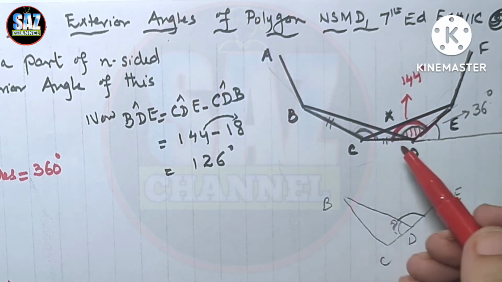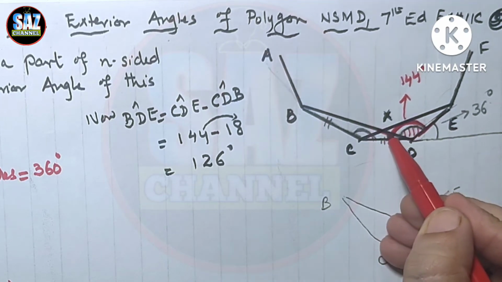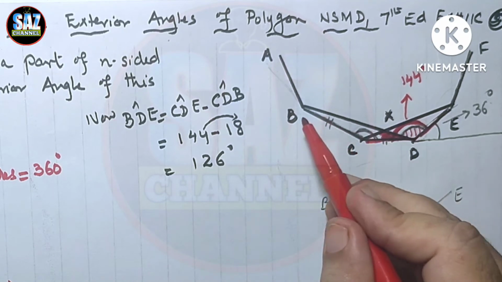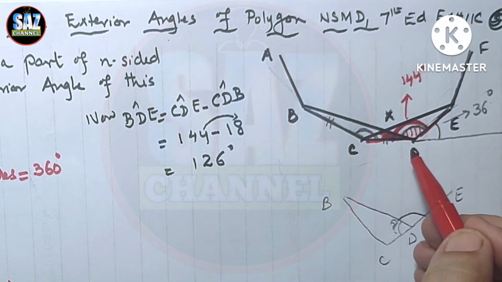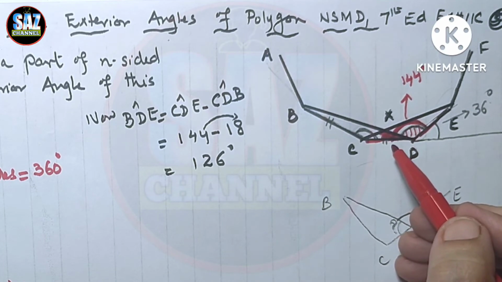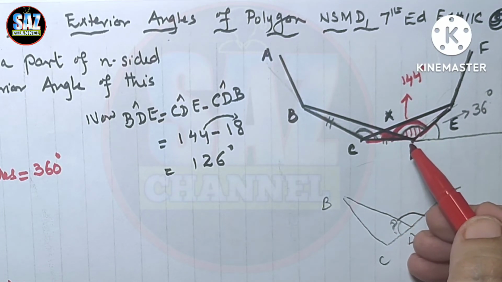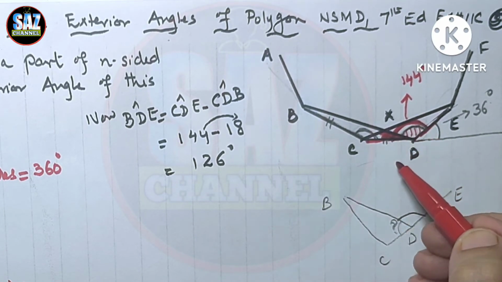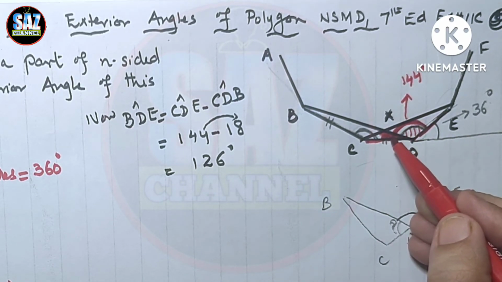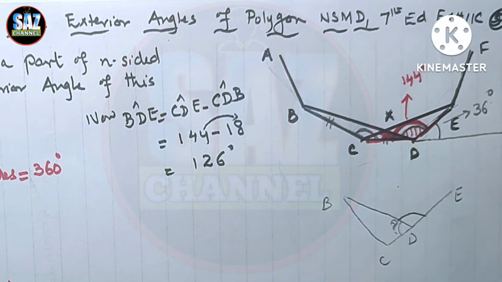And now I need this angle, which is part of the isosceles triangle BCD, and we calculated in the previous part that it is 18 degrees. This total angle is 144, and I have to take away 18 from that, and I'll resolve my issue.